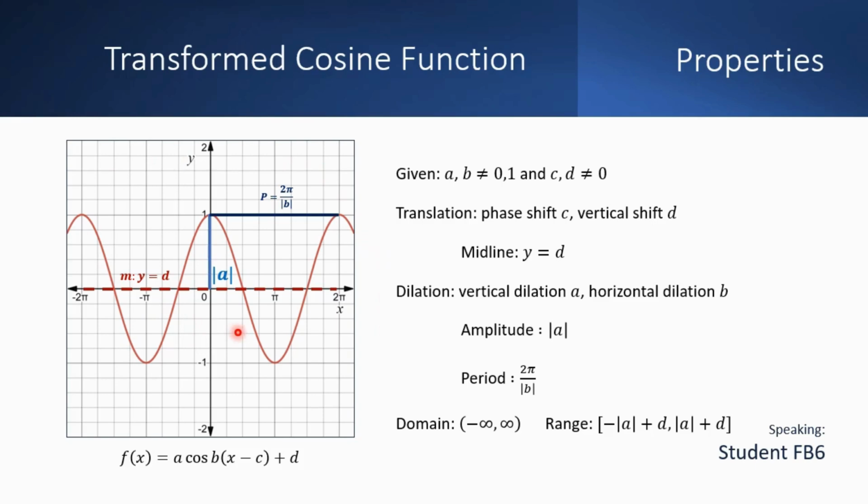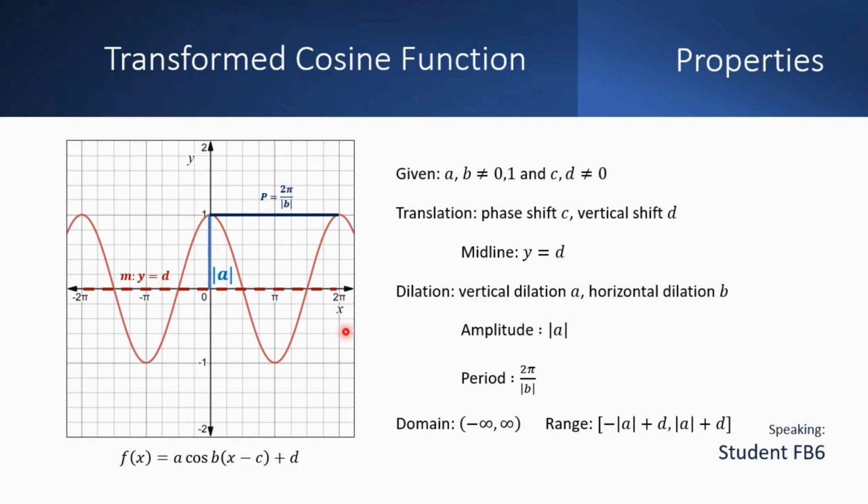So with the transformed cosine function, it inherited the periodic nature of the parent function, the wave-like pattern, the domain extending to positive and negative infinity, as well as having a definite range only extending to a certain distance from the midline.